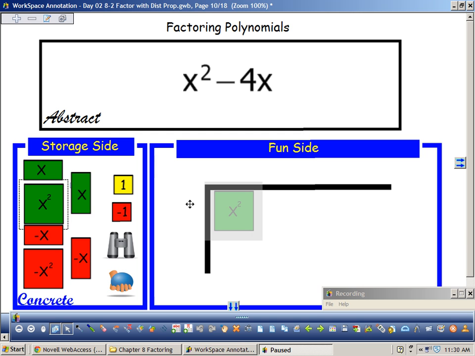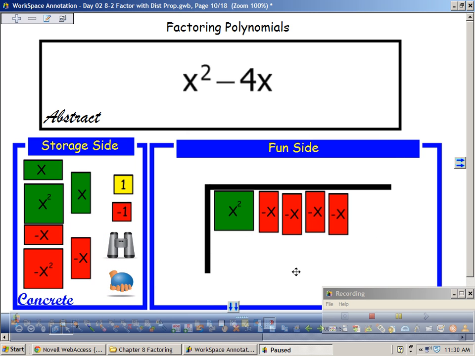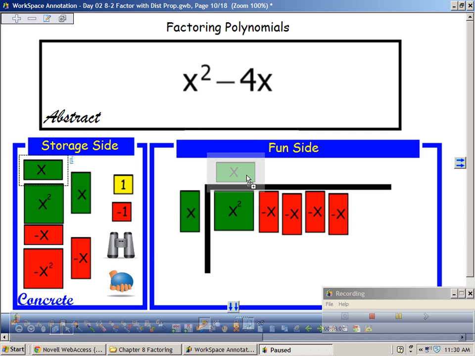What two numbers, let's put all of them in here first. So can anybody tell me what could go here? What times what makes x squared? So x times x makes x squared.